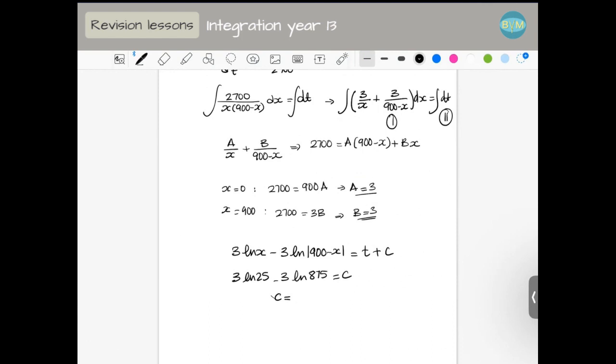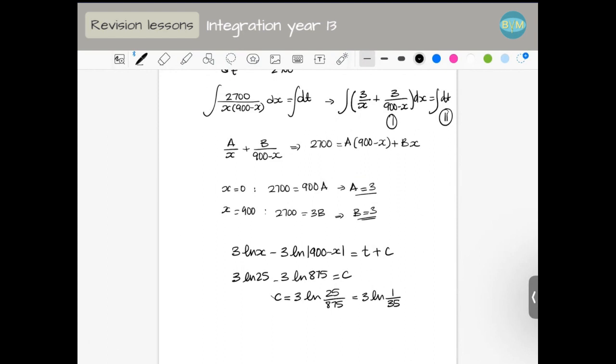So I have 3 ln, I can put them together, 25 over 875. Yeah, that could be my constant of integration. Can we simplify that a bit? Yeah, 1 over 35. So you can write the constant of integration as 3 ln 1 over 35.